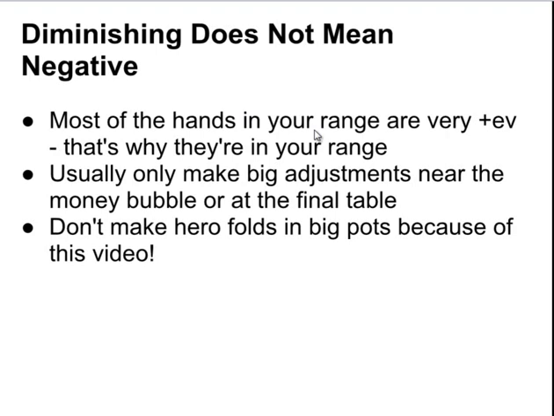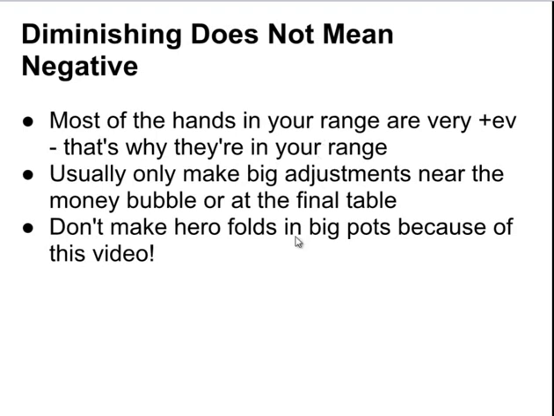You might get $180 for finishing in the money, but then 36 spots later, the next payout that goes up might be $189. It's not something that's really even worth worrying about. So you want to save your big adjustments for when you're near the money bubble and at the final table.